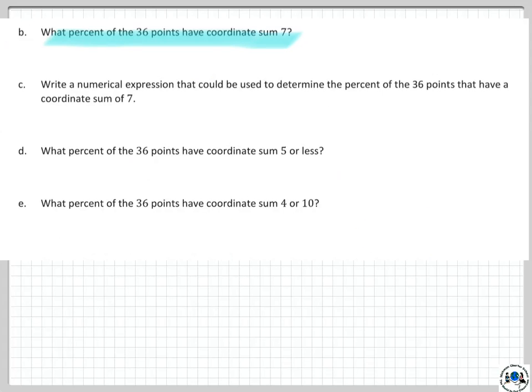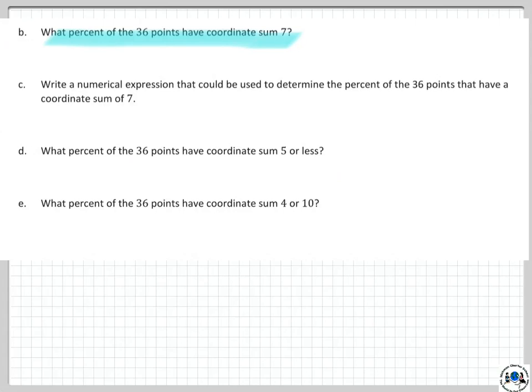Okay, so now we're going to go ahead and use that graph that we just made all those lines on to answer the following question. So what percent of the 36 points have coordinate sum 7? And that would be very simple.